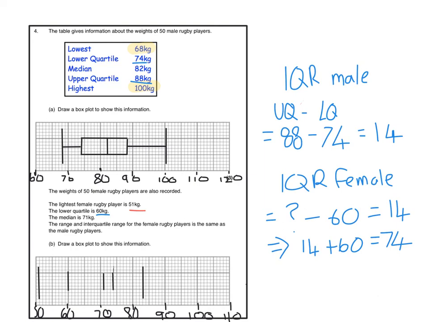And then I just need to make it into a box and whisker. So draw my lines connecting here, and the top, and the whiskers. And there we are.